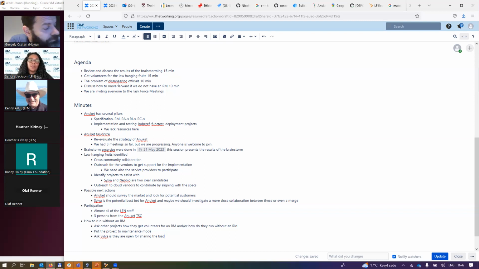So is there still a good opportunity to get some of the Anuket specifications adopted, or are they all already very far in the process? Basically what I'm asking is how good is the prediction of alignment there in the specification process?